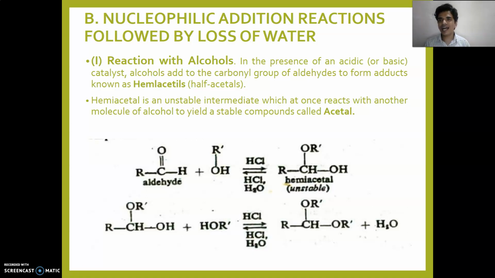Then next is nucleophilic addition followed by the loss of water. First is the reaction with alcohol. In the presence of an acid or base catalyst, alcohol adds to the carbonyl group of an aldehyde to form an adduct known as a hemiacetal, that is, half acetal. This hemiacetal is an unstable intermediate which at once reacts with another molecule of alcohol to give the compound acetal.